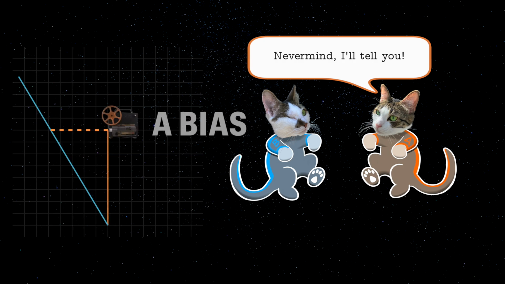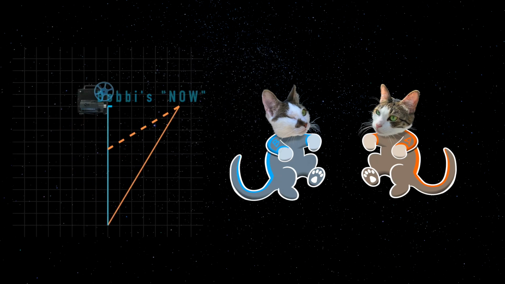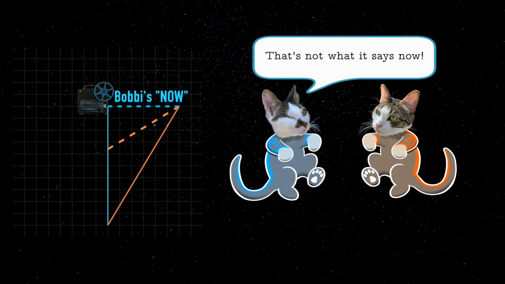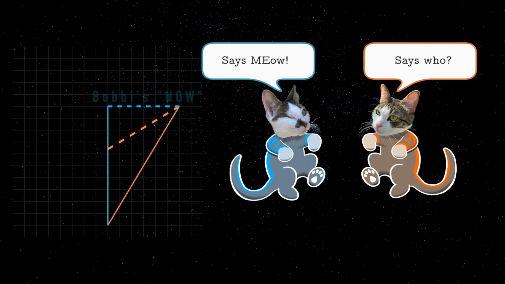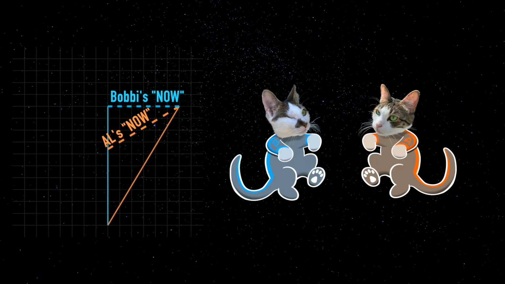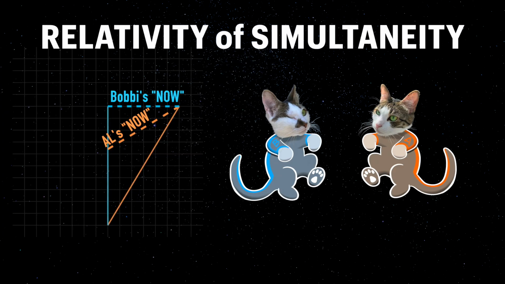He is projecting his now onto her relative position. But when Bobby does the same thing, they disagree about when now is. They're not choosing the same now at all. This is known as the relativity of simultaneity.